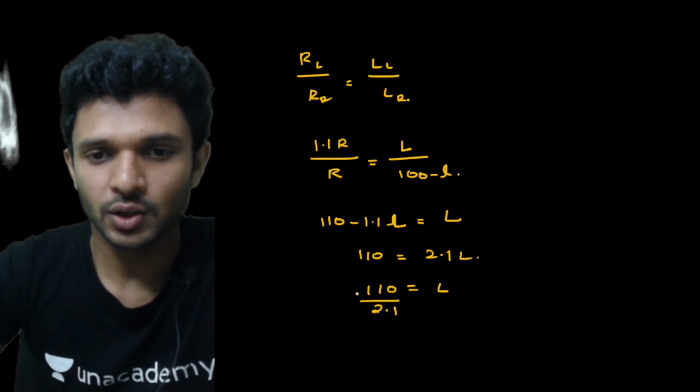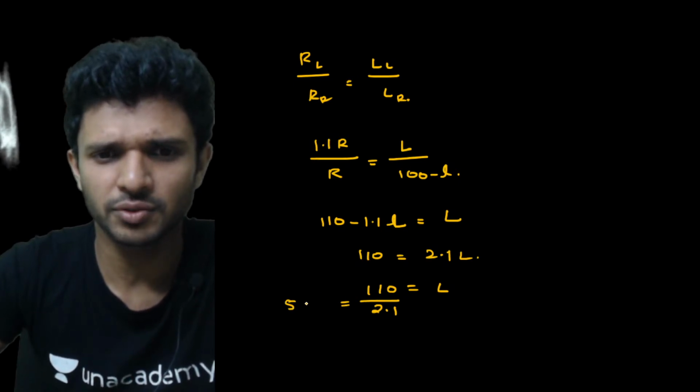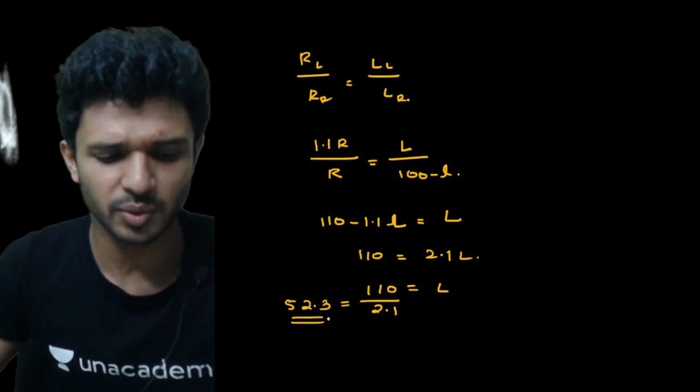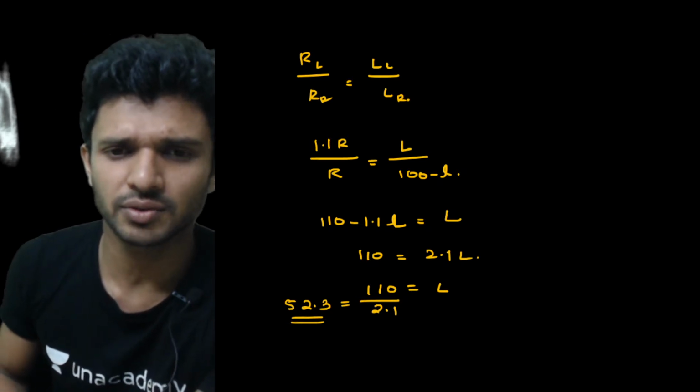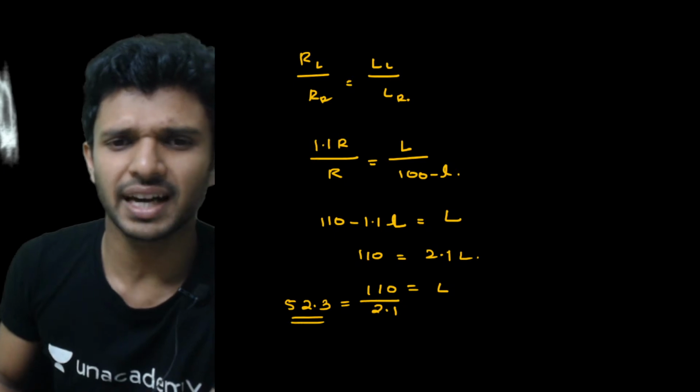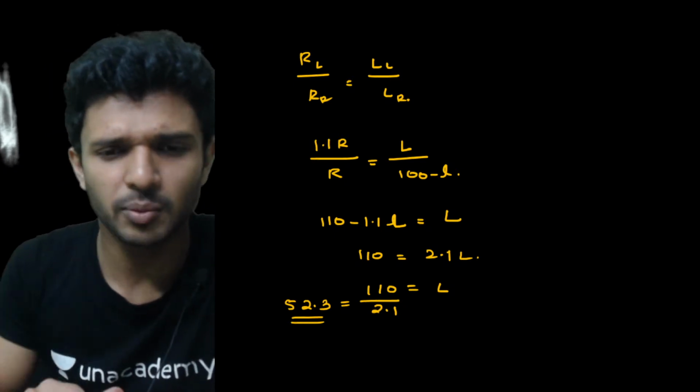How much will this be coming? 100 by 2 is almost 52 point something, let's say 52.3. 110 divided by 2 is 52, so it's a value a bit greater than that, lesser than 55. So I'm choosing almost 52.3.